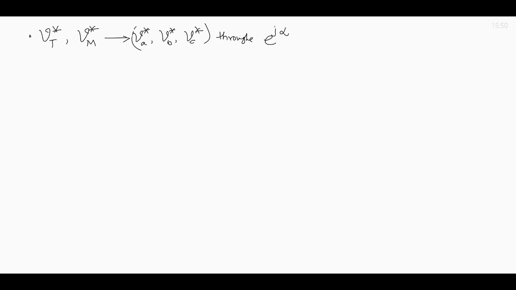Vt star and Vm star are transformed to alpha beta components using cos alpha and j sin alpha, that is e to the power j alpha. Then from the alpha beta components, they are transformed to the three phase command voltages Va star, Vb star, Vc star. So this is the control scheme.